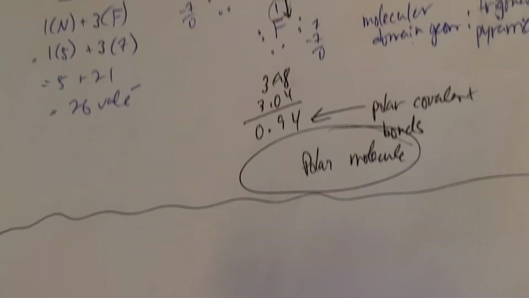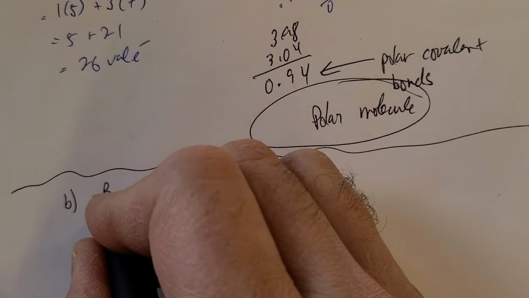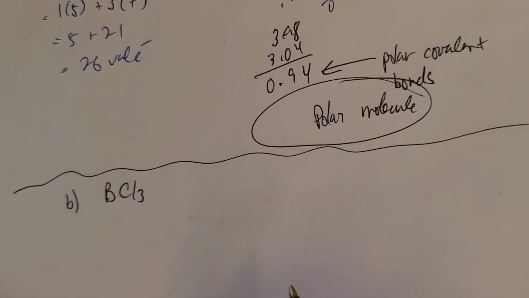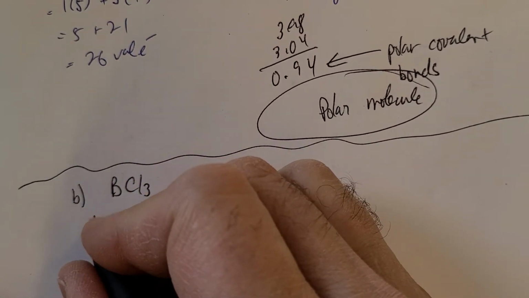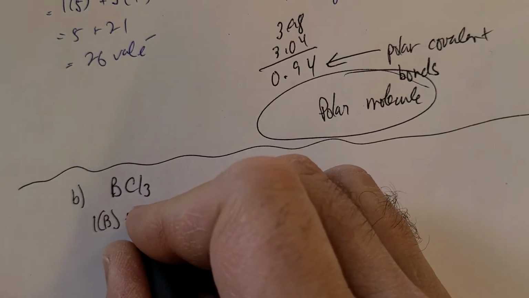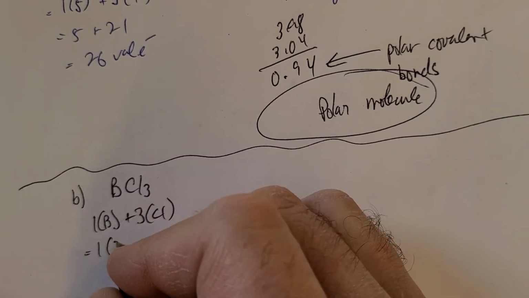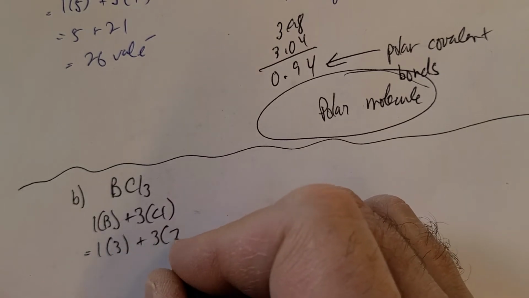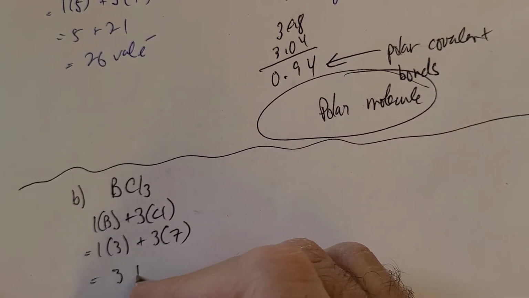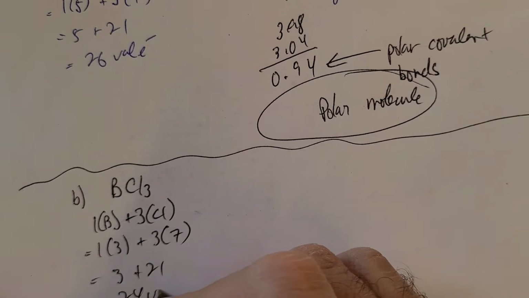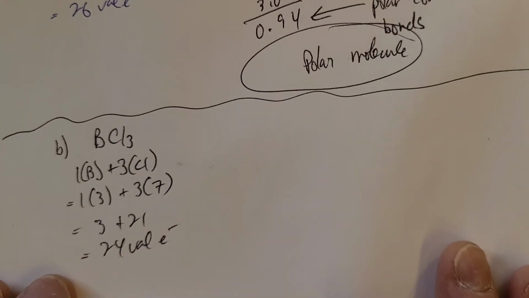All right, let's look at the last one. BCl3, boron trichloride. So we have 1 boron, 3 chlorines. Boron is group 3, chlorine is group 7. So that's 24 valence electrons.